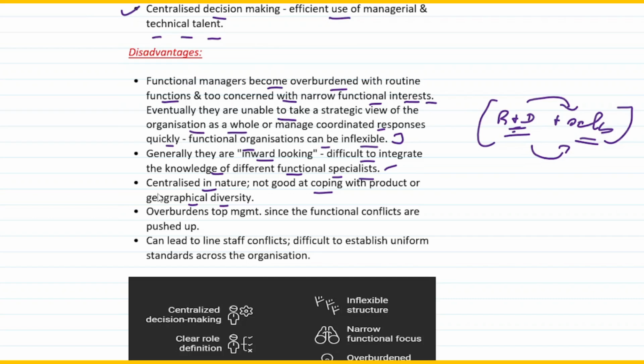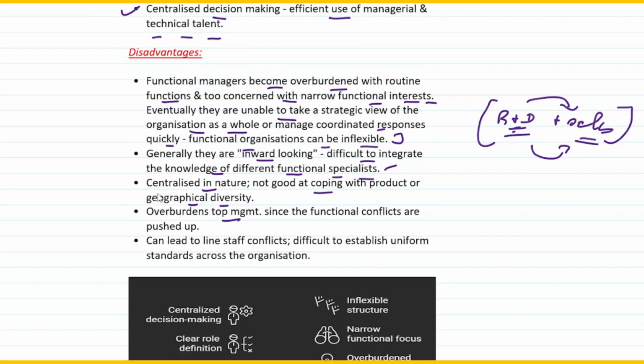As I said, you will focus only on your particular function, and that can take a hit on your product diversity. Product diversity means reaching out to far more places, and geographical diversity is the expansion of your business. So that also can take a back seat as far as the functional structure is concerned.